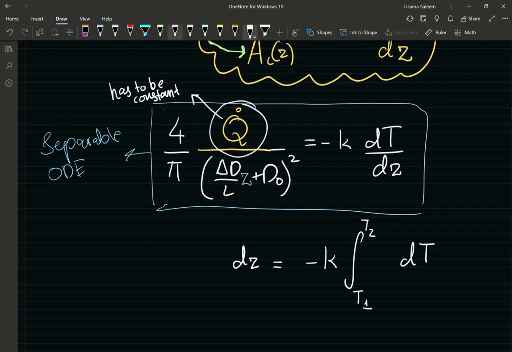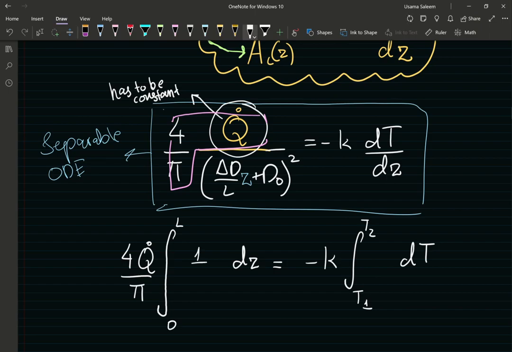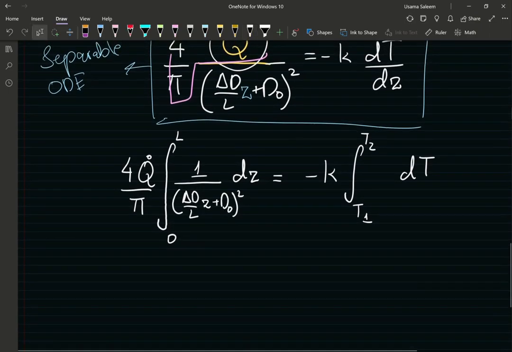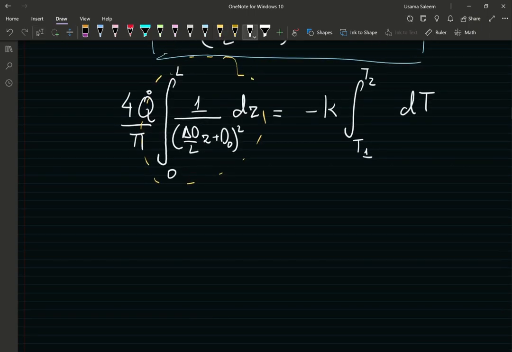And on the right hand side, I'll be able to pull out this expression: 4 q dot divided by pi times the integral from 0 to L of delta d over L z plus d naught, squared. You are more than welcome to use Symbolab at this point to evaluate this integral, but I'm just going to play around with it just for fun.